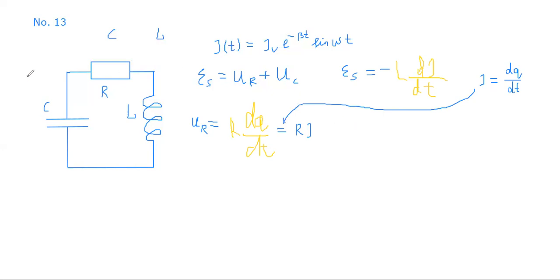So from here we have that the voltage across the capacitor is equal to the EMF minus U R, and this will be minus L di by dt minus R I.